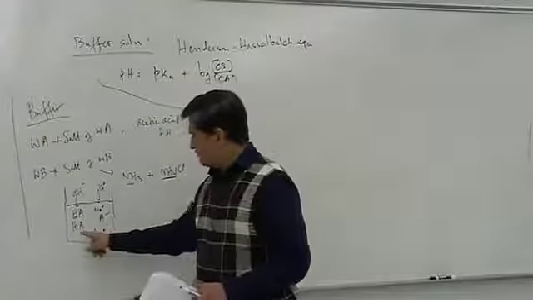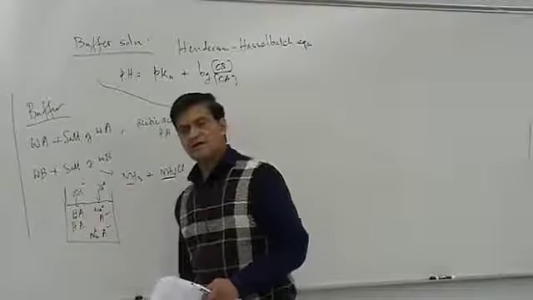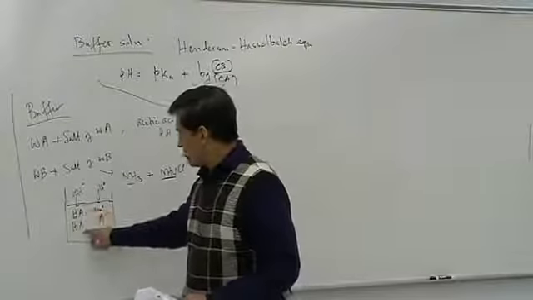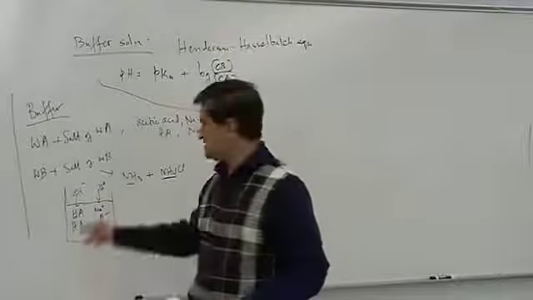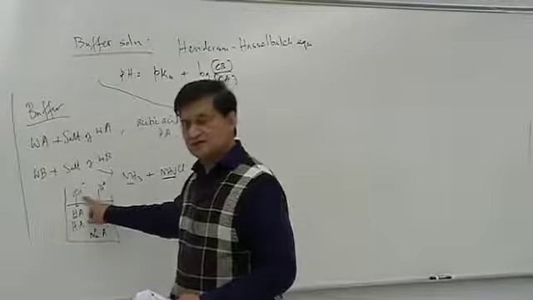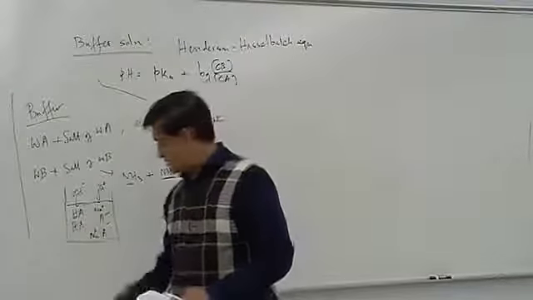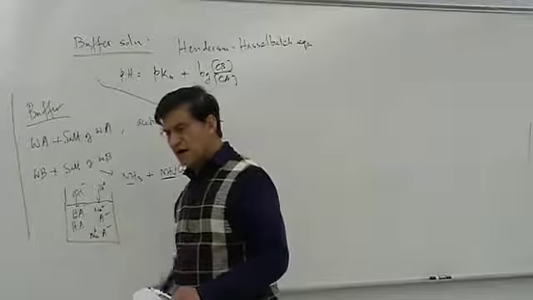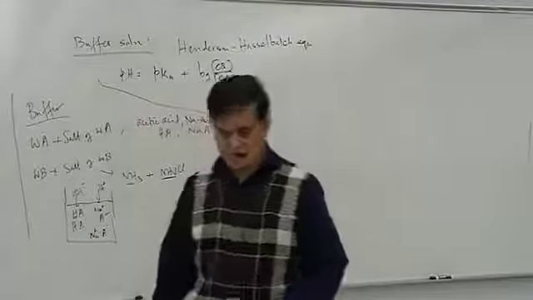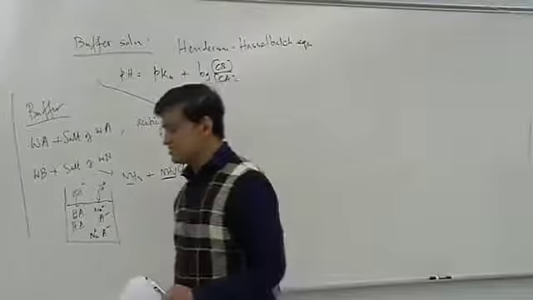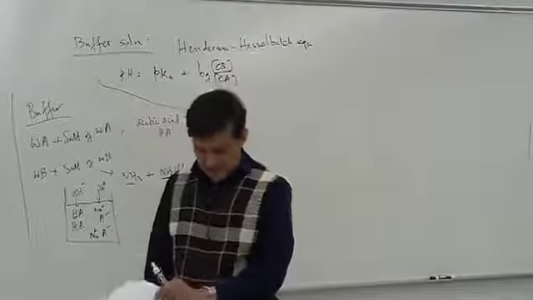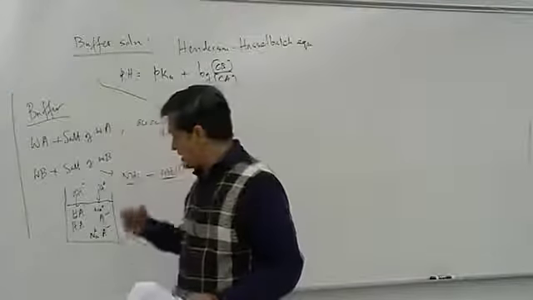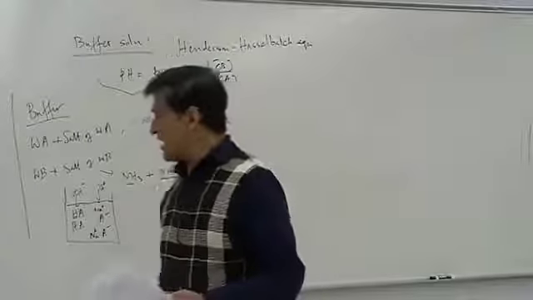Now, if I have very little HA and A-, after you run out of all the HA, yes, it's going to be more basic when you're adding OH-. In other words, if I have a lot of these HA or A-, I can keep on adding acid or base from the top, and it can maintain its pH for much longer. And that's a buffer with high capacity.